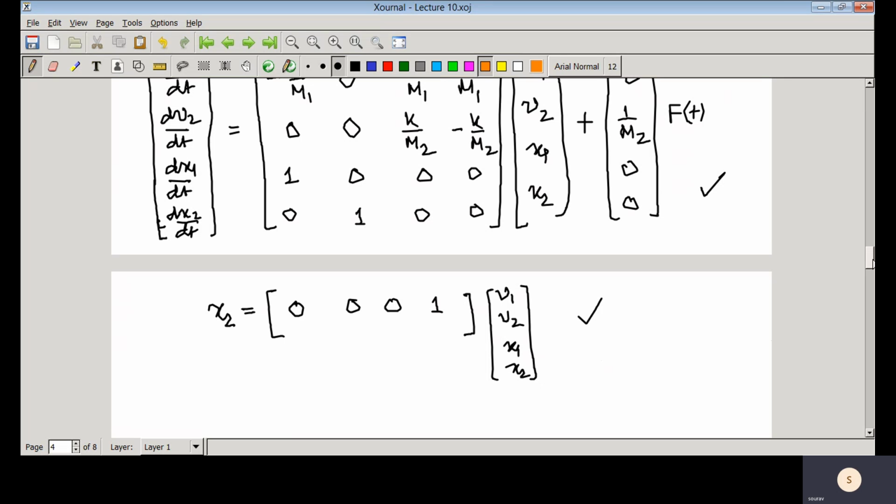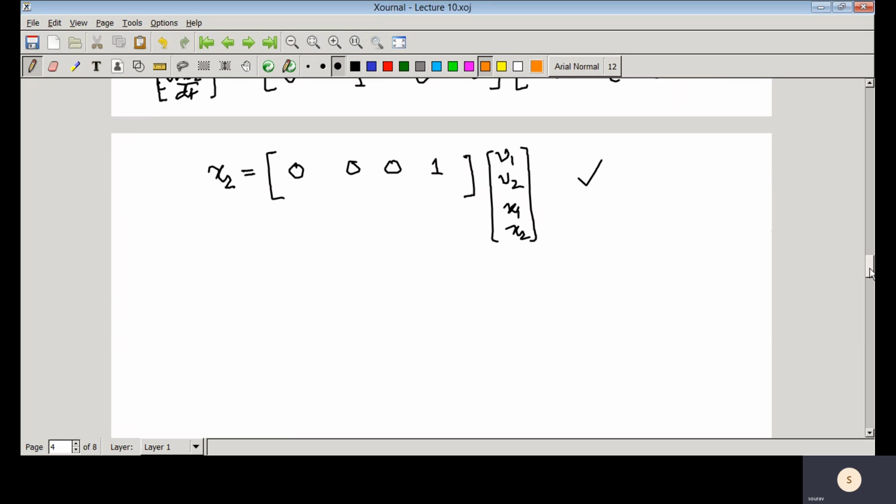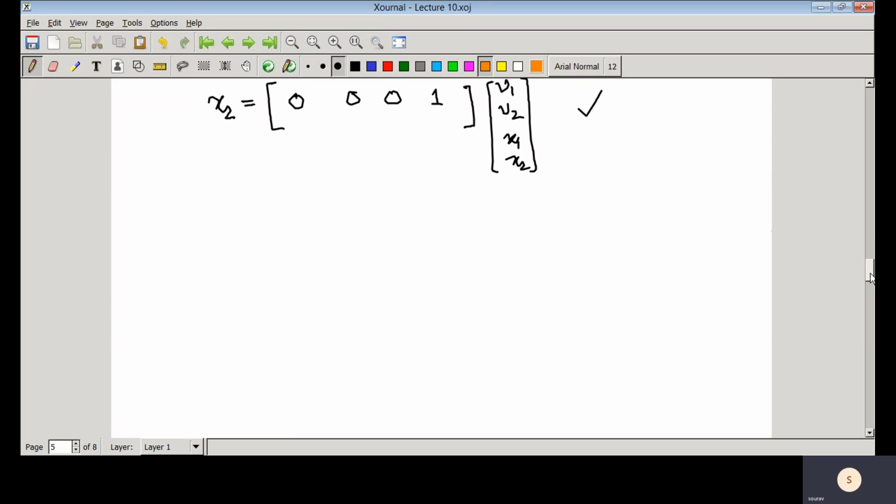So now we are interested in seeing another important concept in state space modeling, that is that the state space modeling is not unique. So you can have an infinite number of state space models for a given dynamical system.